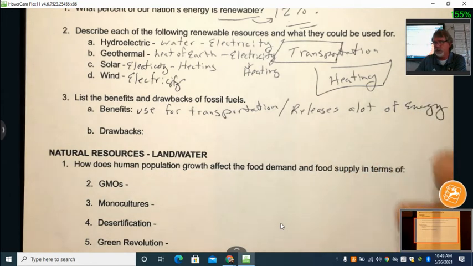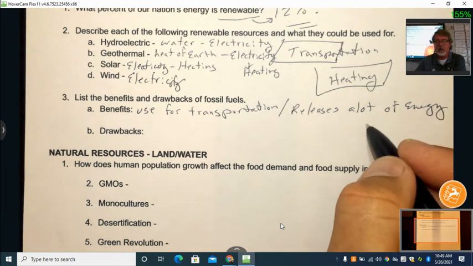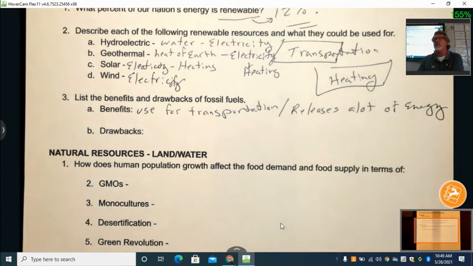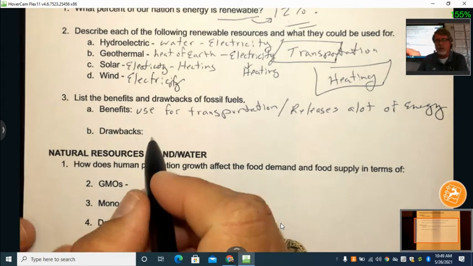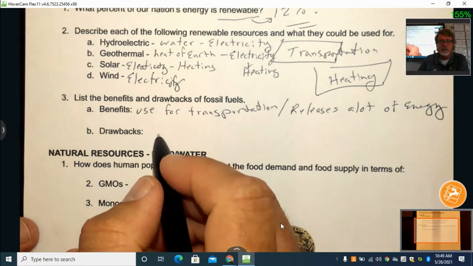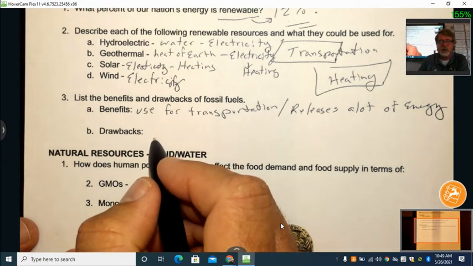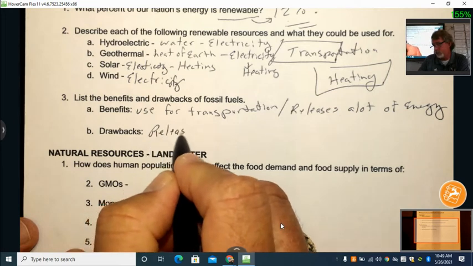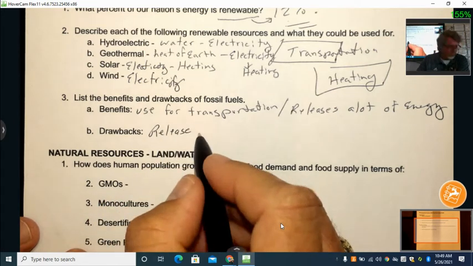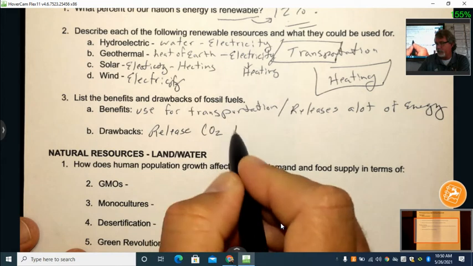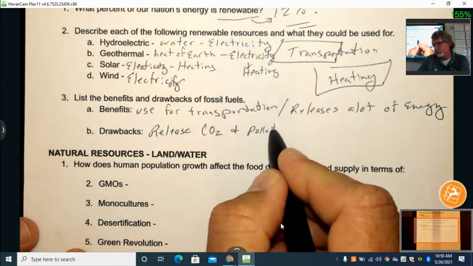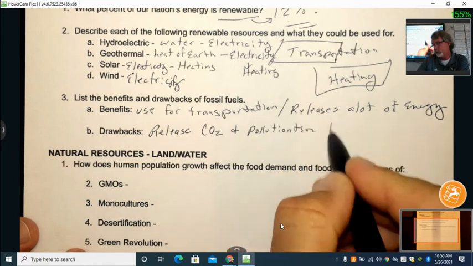In other words, the amount of energy you get for a gallon of gas is way more than the amount of energy you get for a solar panel. The solar panel's got to be so much bigger to get the same energy. Same thing for nuclear. Drawbacks, of course, release greenhouse gas, carbon dioxide, and pollution to the environment.